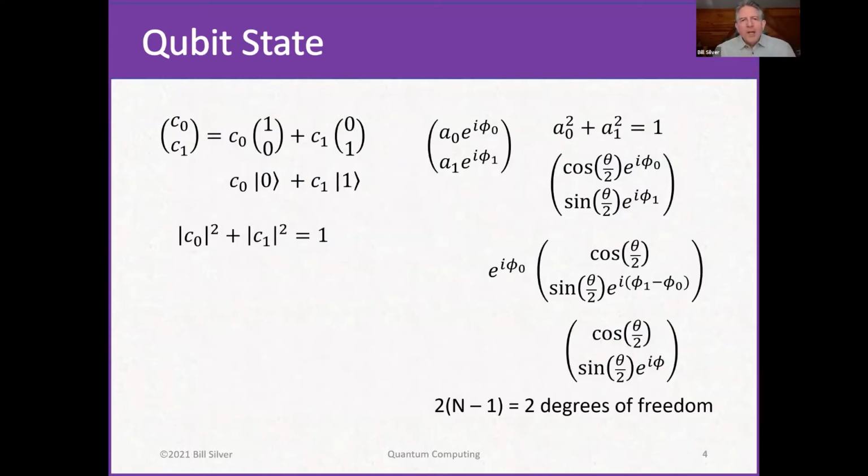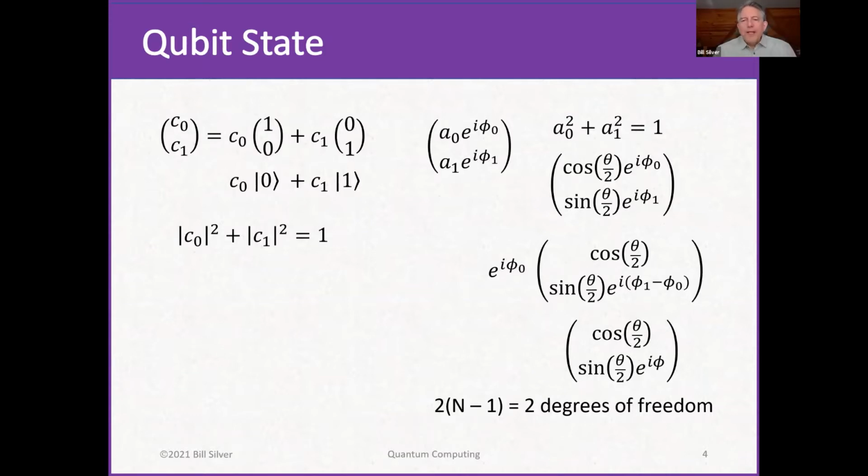So we looked at the state of a single qubit. And in the lower right-hand corner there, you see that two-element vector that's based on those two angles, theta and phi. That's kind of the most general form of the state of a single qubit. It is a superposition of the 0 and 1 basis states, the magnitude of that superposition being determined by the sine and cosine of that angle theta.